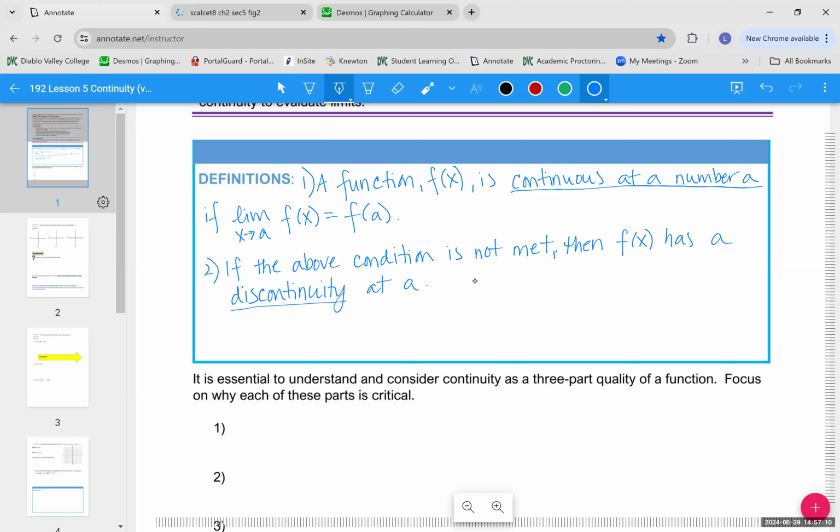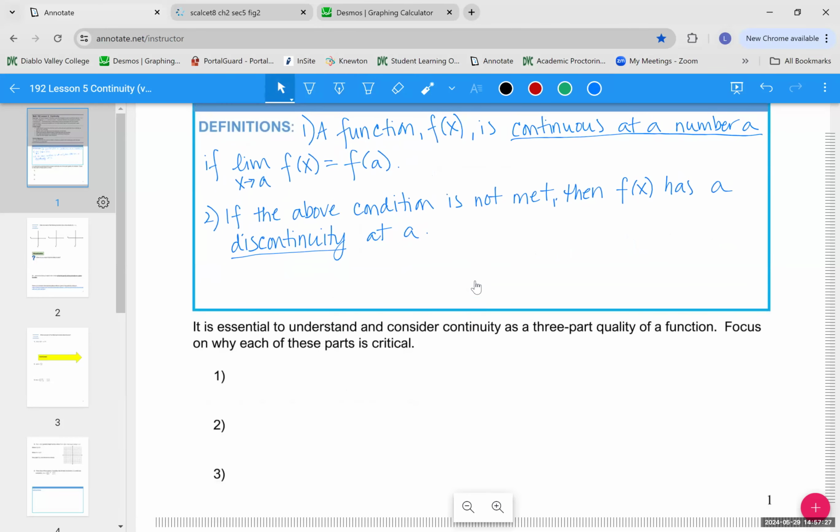So a discontinuity would be a place where a function is not continuous. And then last but not least, oh, no, wait, sorry, those are the two that we're going to define here.